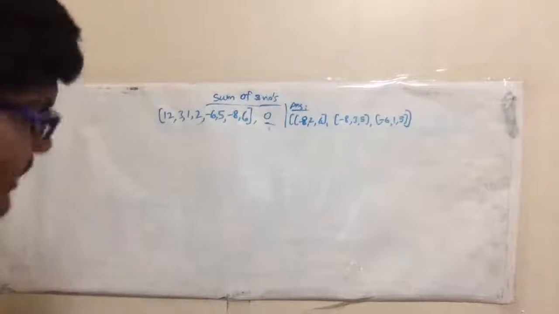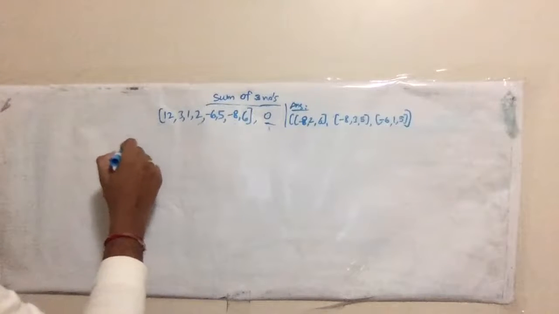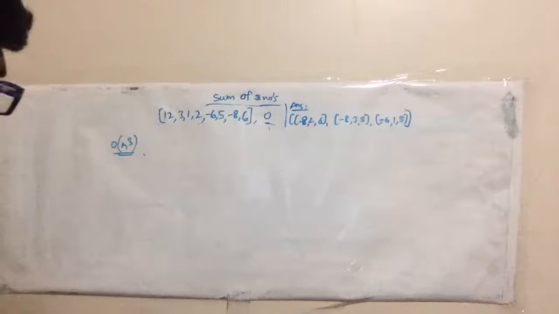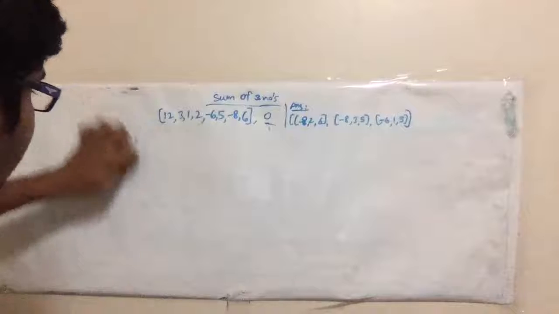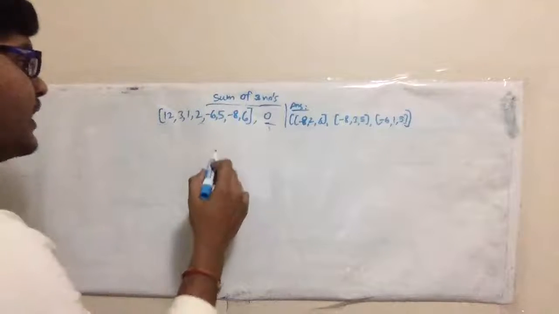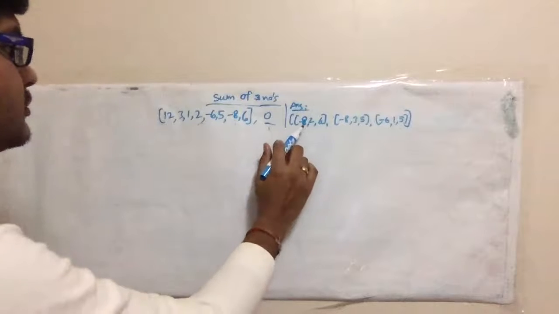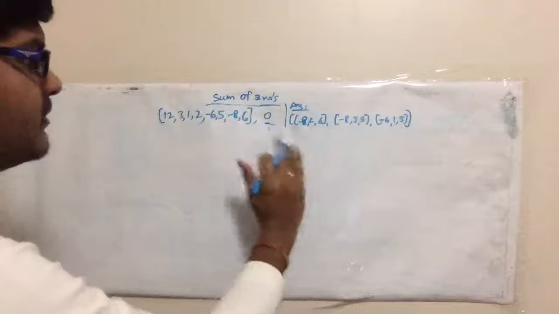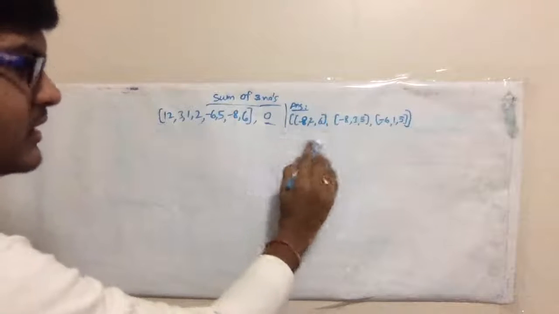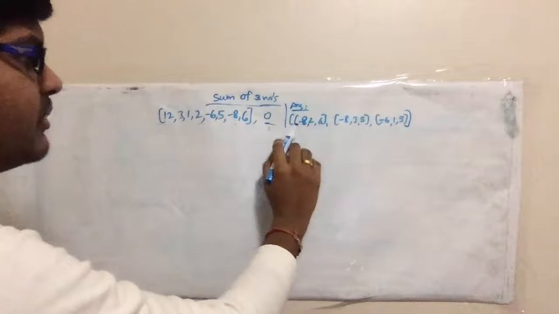But this will take n cube time complexity, which is not required because there are other easy and optimal ways of doing this problem. And one more thing in the problem: you need to order it in such a way that the smaller number comes first, and the list will be in ascending order.